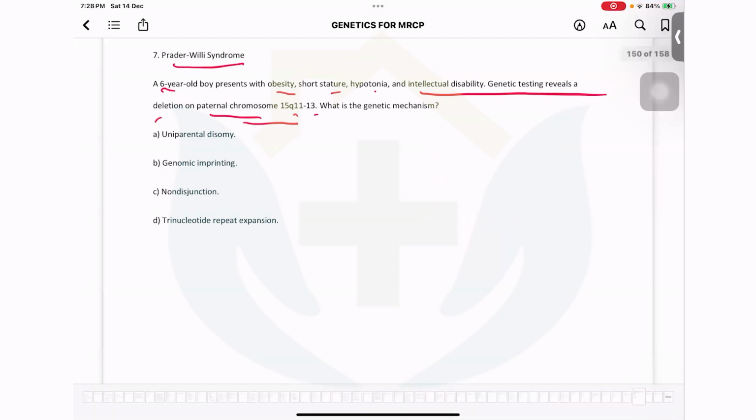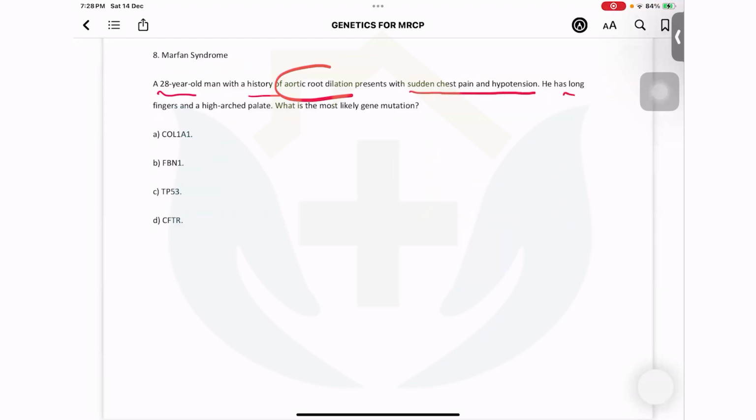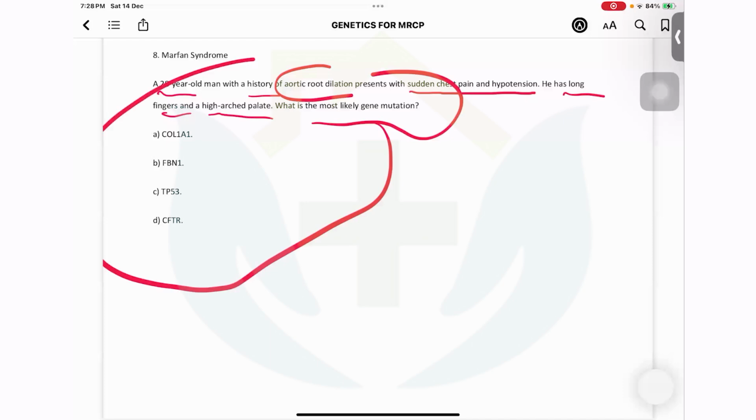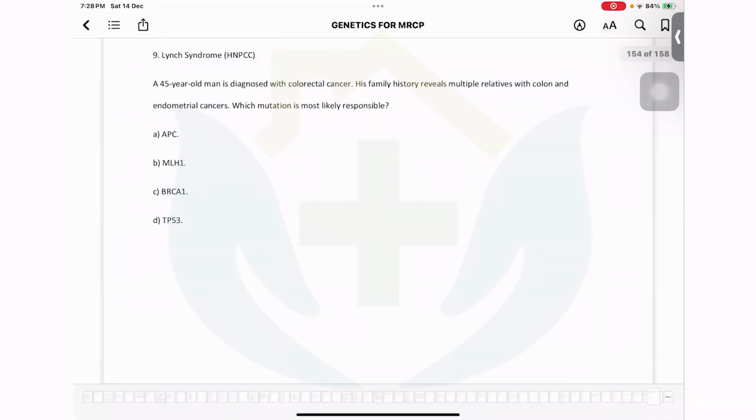Genomic imprinting. Very good. Marfan's, a 28-year-old man with history of aortic root dilatation, presenting with sudden onset chest pain, long fingers, high arch palate. What is the gene mutation? FBN1. Fibrillin, FBN1. So Marfan syndrome, defective fibrillin 1, aortic aneurysms.